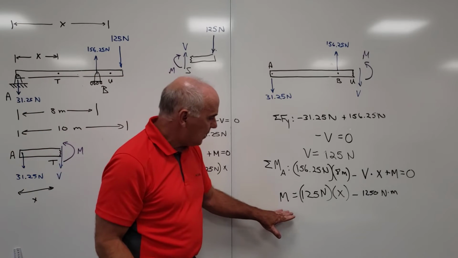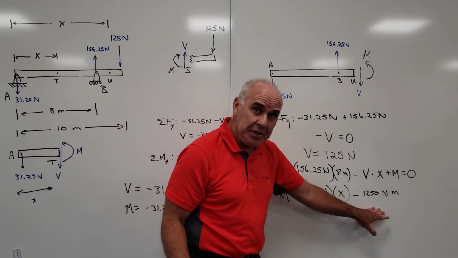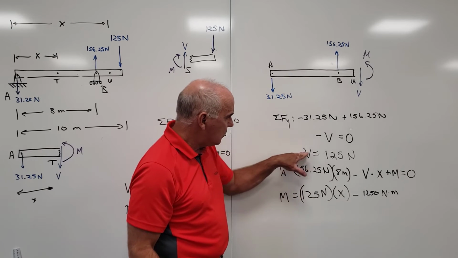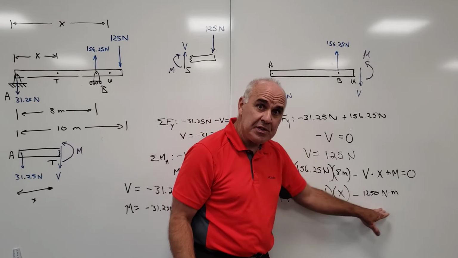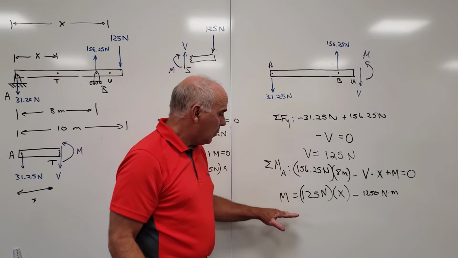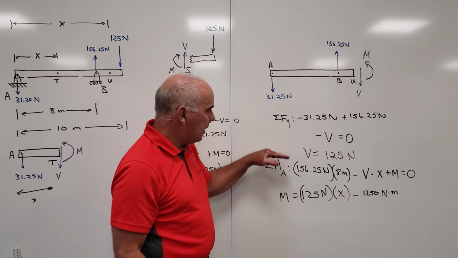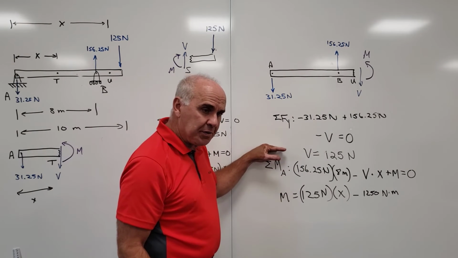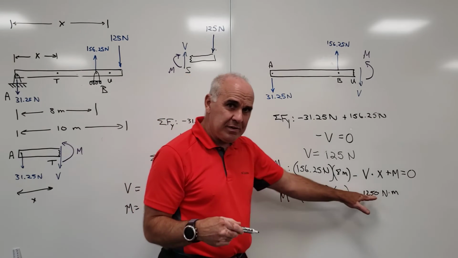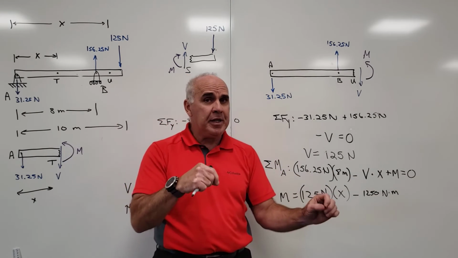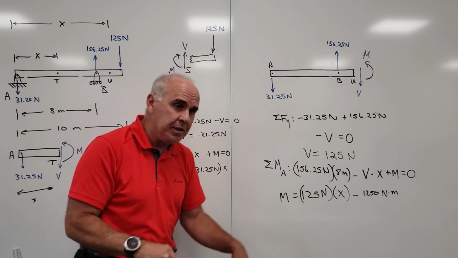In a similar fashion here, the derivative of the moment over here with respect to x is 125 newtons. Remember, the derivative of a constant is 0. So the derivative of moment is shear. The integral of shear is moment, but there's a constant of integration. It becomes a little bit more complicated, so we're not going to get into that in too much detail here.